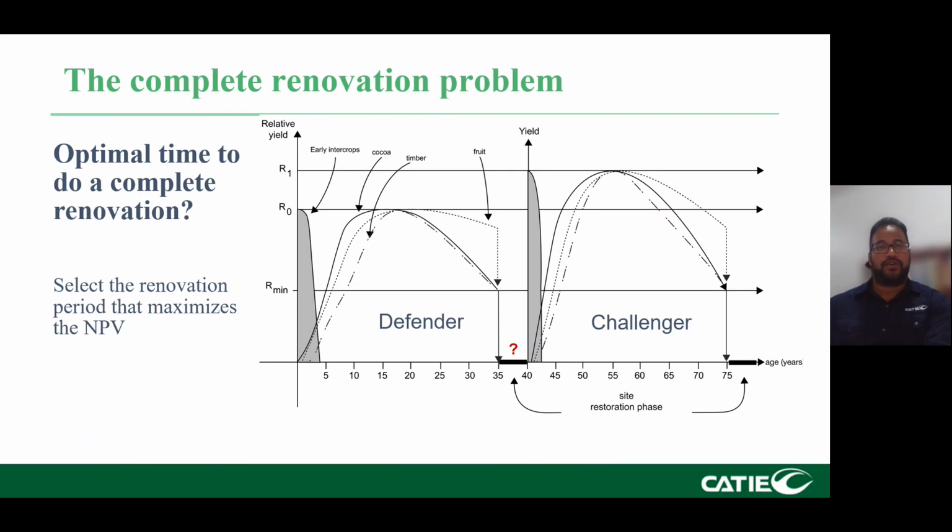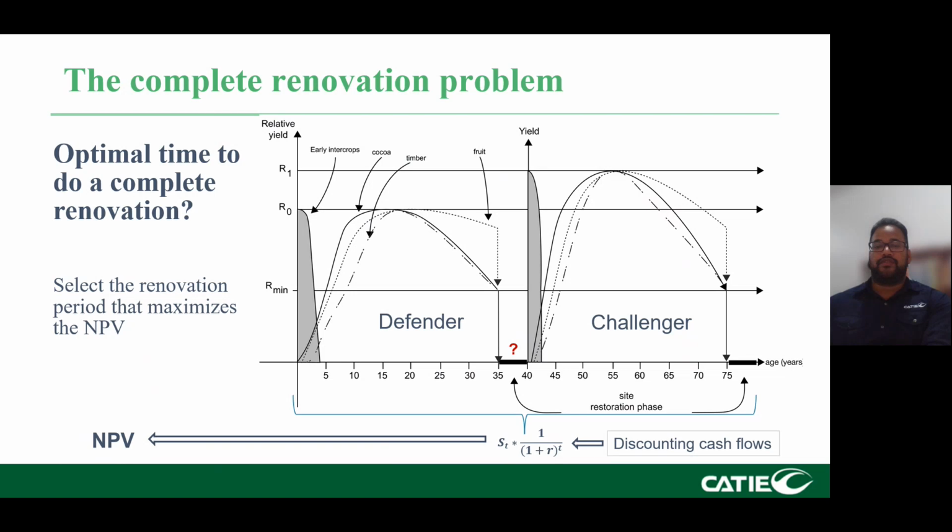The old orchard we're going to call Defender, and the improved version of the agroforestry system we're going to call Challenger. As you can see, each year each component generates cash flow, which needs to be discounted to calculate the net present value. So as you change the renovation period, the net present value changes.